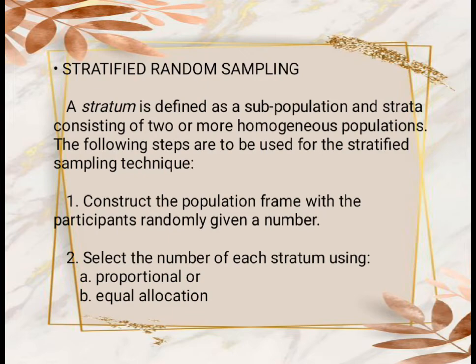Number 2, select the number of each stratum using proportional or equal allocation. If the sizes of the strata are almost the same, use equal allocation. If otherwise, use the principle of proportional allocation. That is, determine the proportion of the strata in the population frame and use the same proportion on the sample.